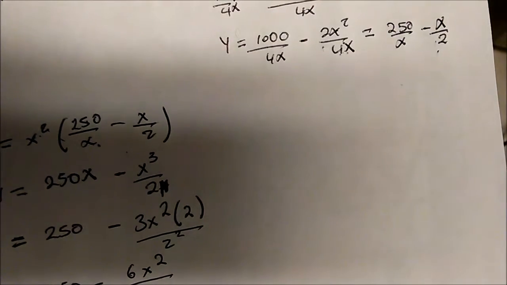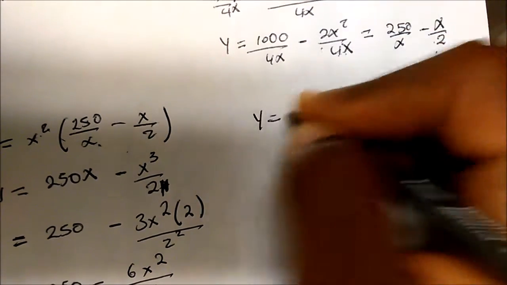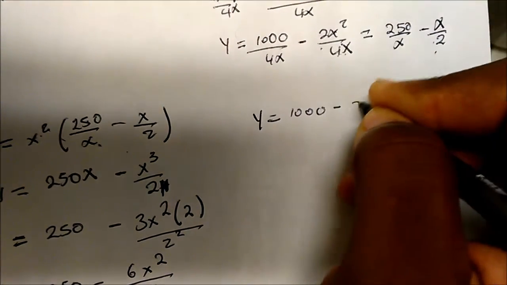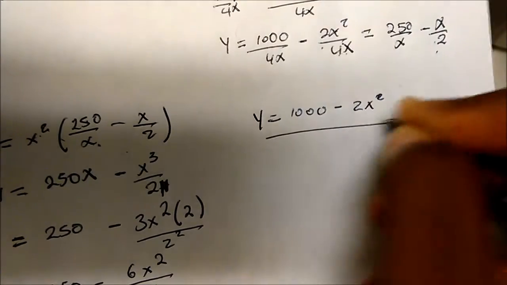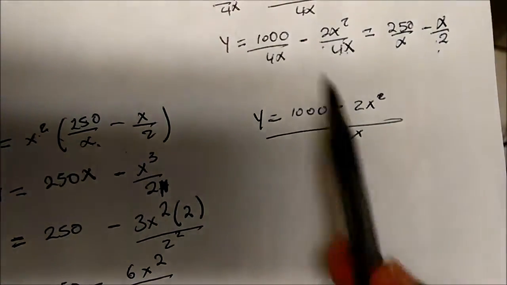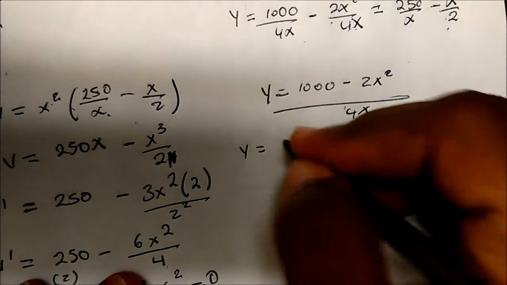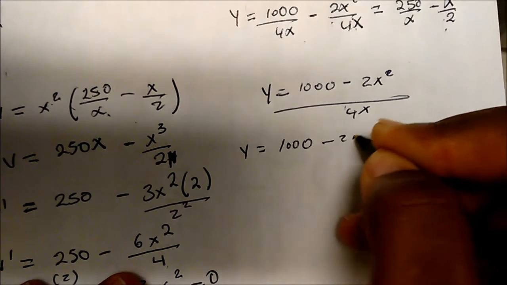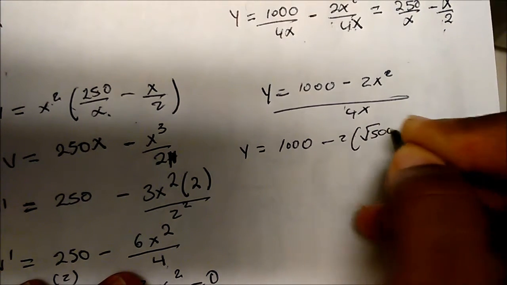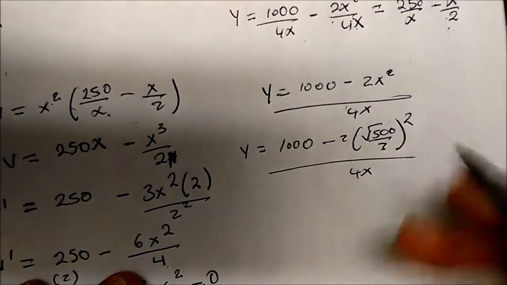I'm going to use a simpler formula. You could plug the x value into either of these formulas, but I'm just going to use this formula here. So my y is just going to equal 1000 minus 2x squared over 4x, and all I do is just combine these 4x, right? This is the same thing as this, right? So now I'm just going to plug my x value in. 1000 minus 2 times the square root of 500 divided by 3, squared, all over 4x.